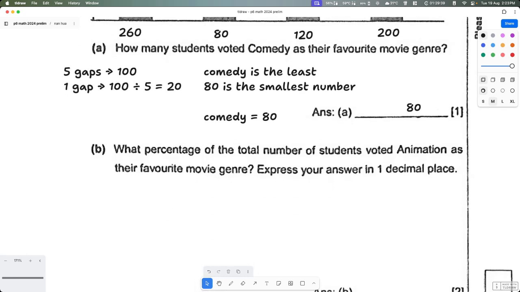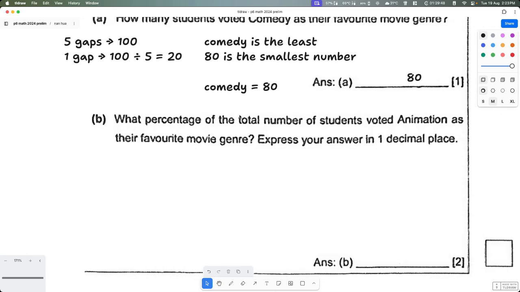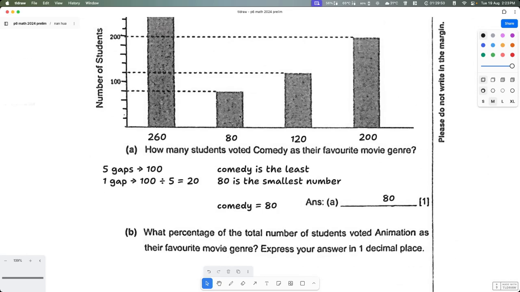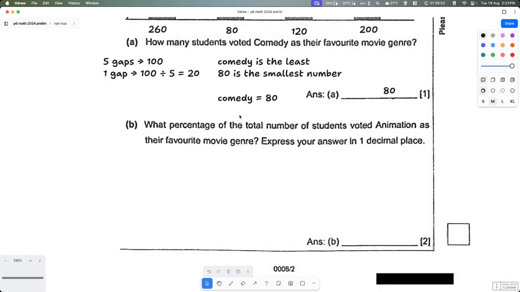Part B. What percentage of total numbers of students voted for animation as their favorite genre? So express your answer in one decimal place over here. Okay, so we can get the total. So total is equal to 260 plus 80 plus 120 plus 200.